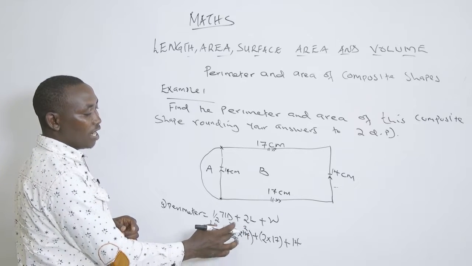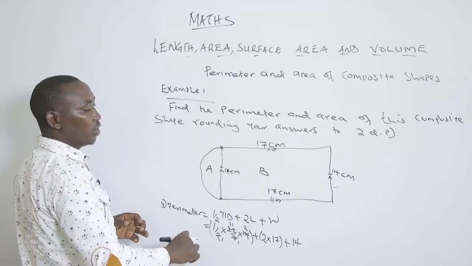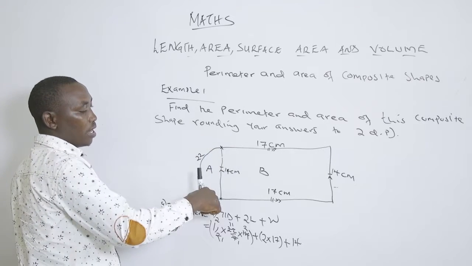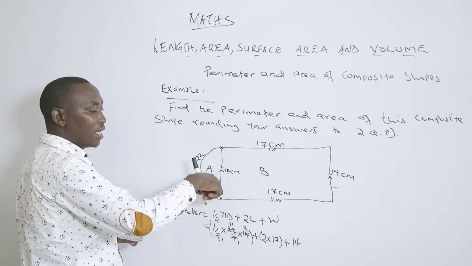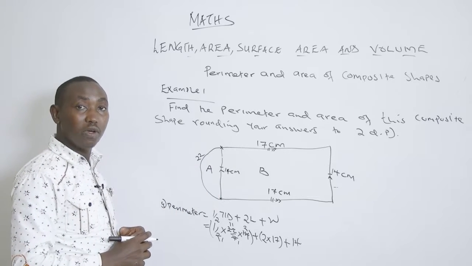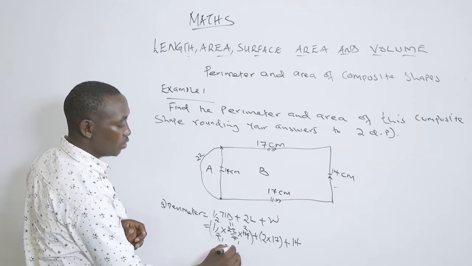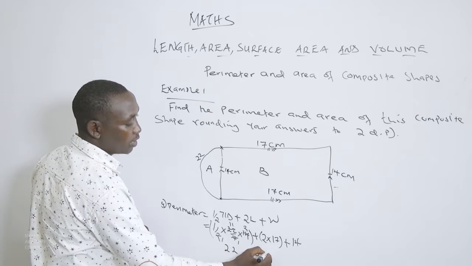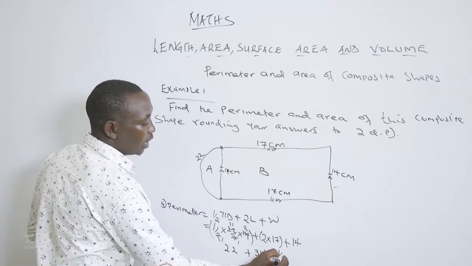So 11 times 2 gives us 22. That means that the half of the circle's circumference is 22 centimeters. So we have 22 plus 2 multiplied by 17, which is 34, added to 14.